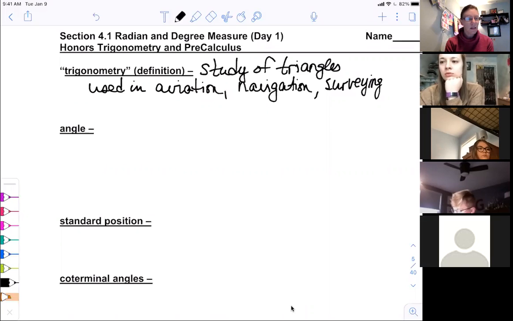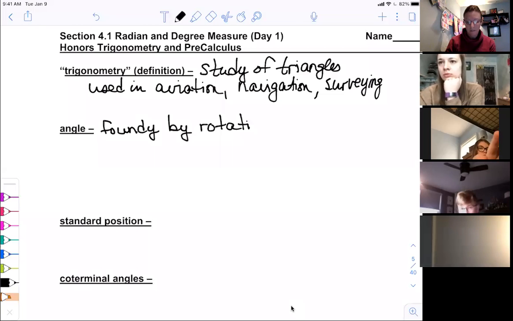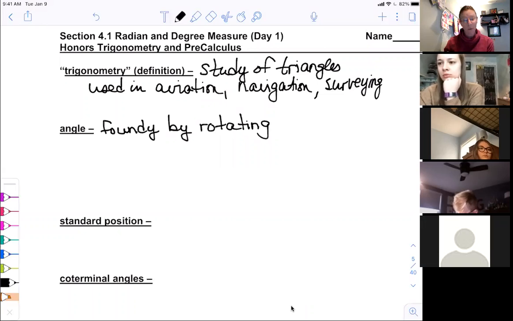So then that takes us to our second term that you see here. The second term is an angle. So in trig, an angle is found by rotating a ray about its endpoint. And this is where it differs from geometry.